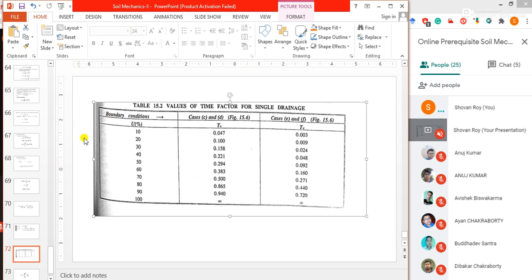Like these values, we can see that if U is 10, then TV is 0.047. If U is 20, TV is 0.1. If U is 40, the TV value is 0.221, like that.